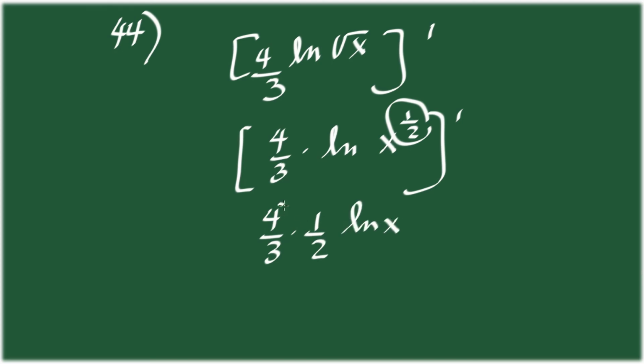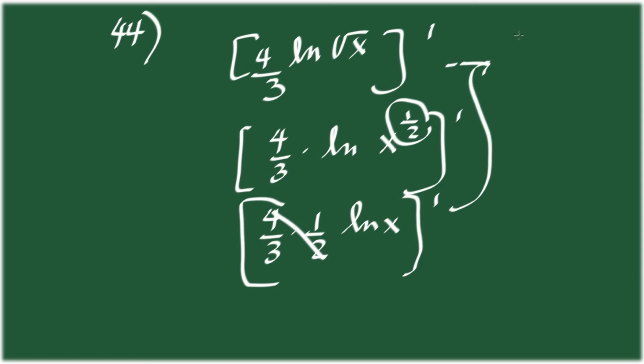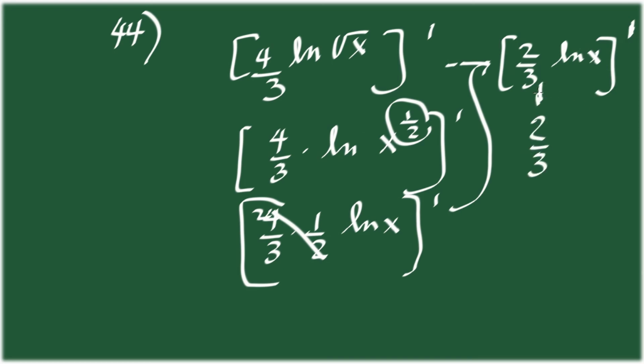So this is just the renaming part. Now this can be reduced to 2/3 because 4/2. So this is reduced to 2/3 log of x. Now you can differentiate. So 2/3 is a constant, just bring it down, and the derivative of natural log of x is 1 over x. So our final answer is 2 over 3x.